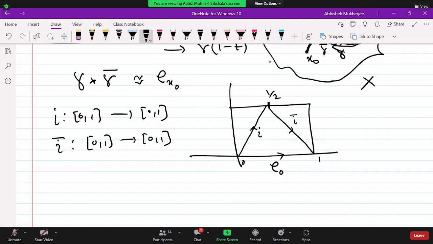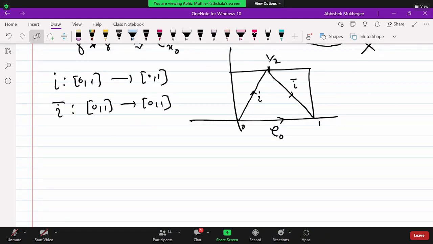So you are having two paths: one is E naught and another one is I star I bar. Again, you are using the convexity to have that these two paths are path homotopic.